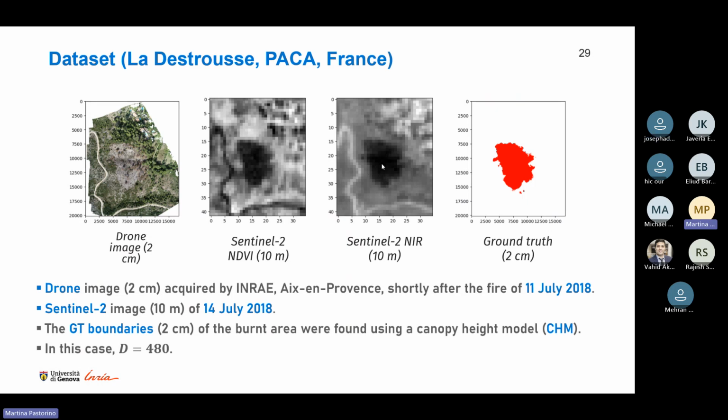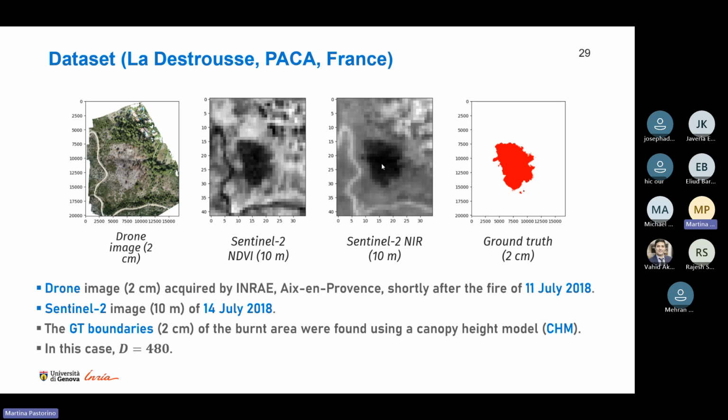So this is the data set that we used for this experimental validation. We have a drone image acquired by INRAE in the south of France at 2 centimeters of resolution, acquired shortly after the fire of July 2018. And then we have a Sentinel-2 image at 10 meters of more or less the same date, just 3 days apart.